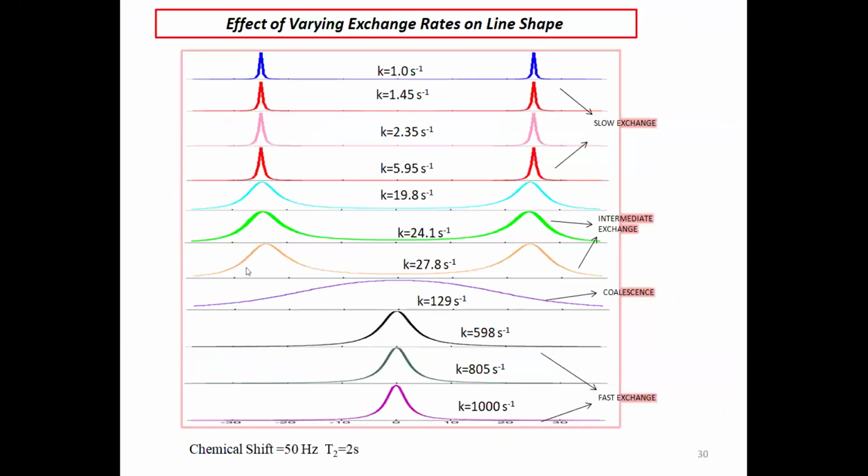Exchange is of two kinds, slow or fast, and intermediate. In slow exchange, you can see distinct signals of both the isomers which are present, and in the case of fast exchange, you will get an average signal. This is a simulated spectrum to show you, and the middle part is called coalescence.